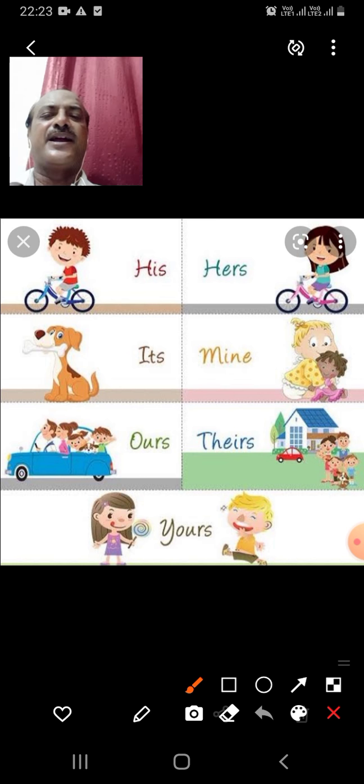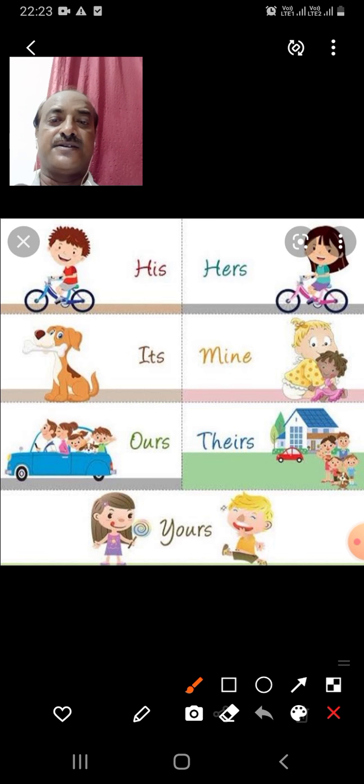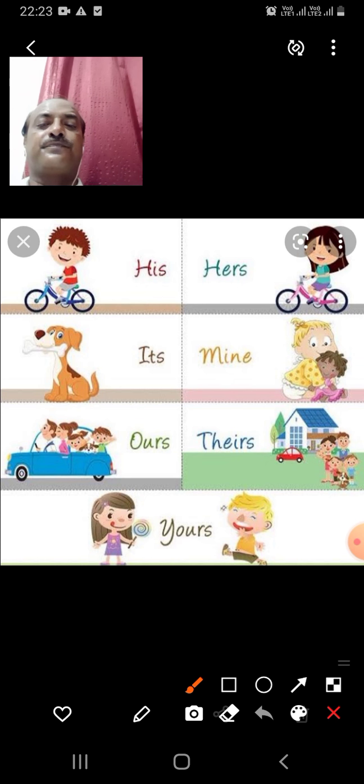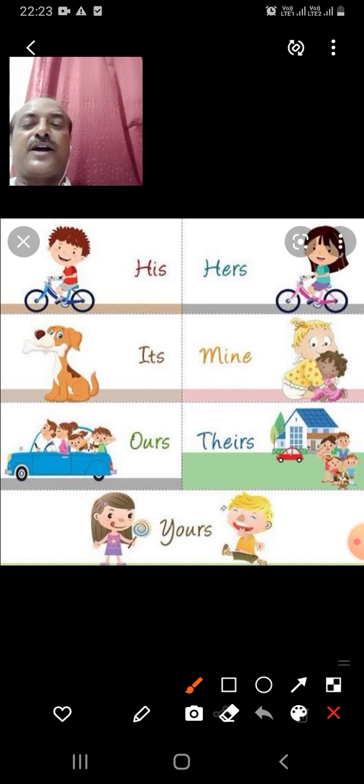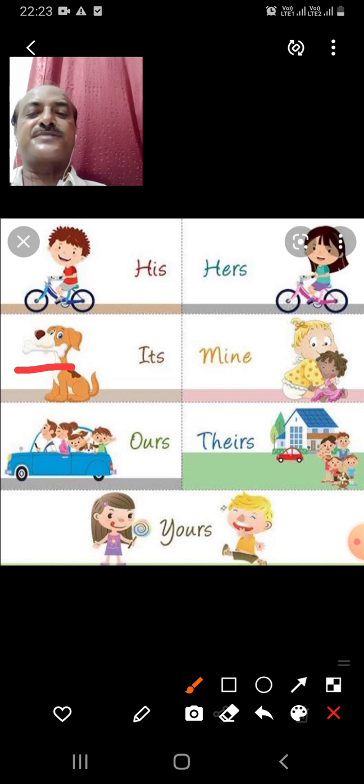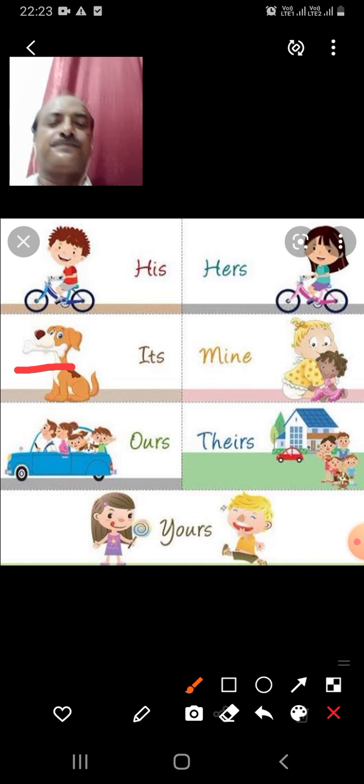Here you can see his, hers. This is his cycle. This cycle is hers. So hers shows possession, that this cycle belongs to this girl. Its. I said for places and things we use its. That means this bone is its. Mine, this is mine.